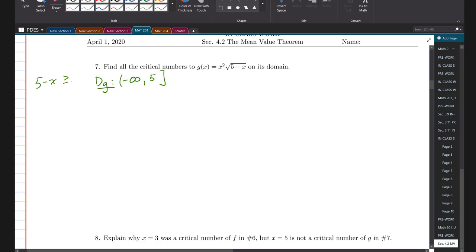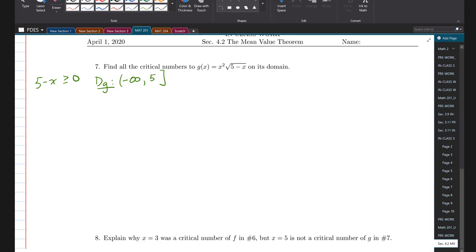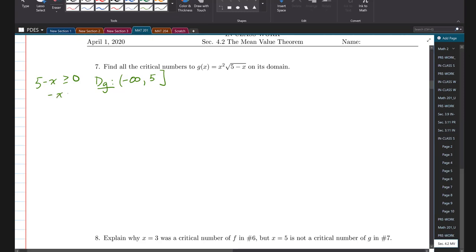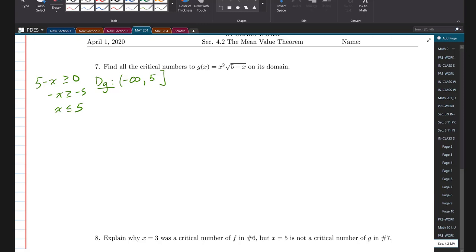The radical non-negative. We want the expression inside the square root sign to be greater than or equal to 0. So we set that, and then we solve for x. Careful. Remember, when you divide by a negative with an inequality, you reverse the direction of the inequality. So that's how I got the domain of the original function g.